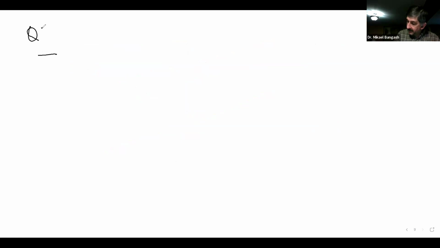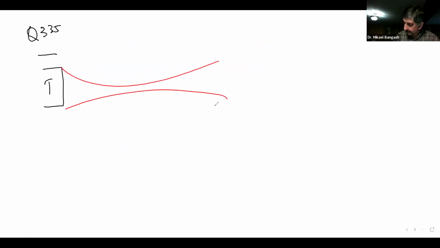Now, question number 335. The lateral resolution of an ultrasound is 4 millimeters. We have a transducer that produces a beam, and it has a lateral resolution of 4 millimeters.